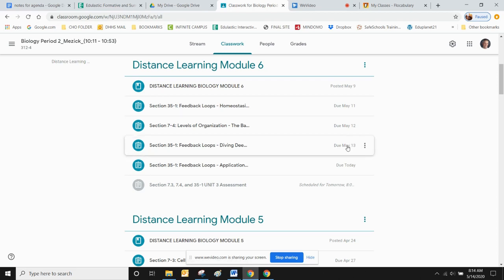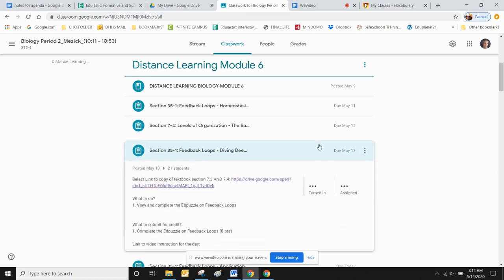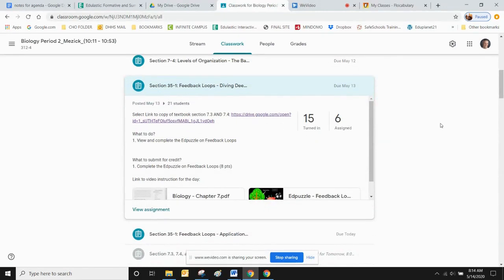Yesterday, I had students dive a little bit deeper into feedback mechanisms. Once you understood that there were these levels of organization, primarily so that you understand that cells don't just operate by themselves, but operate collectively as tissues, and these tissues collectively come together to form organs, and the organs in your body can collectively form different systems.